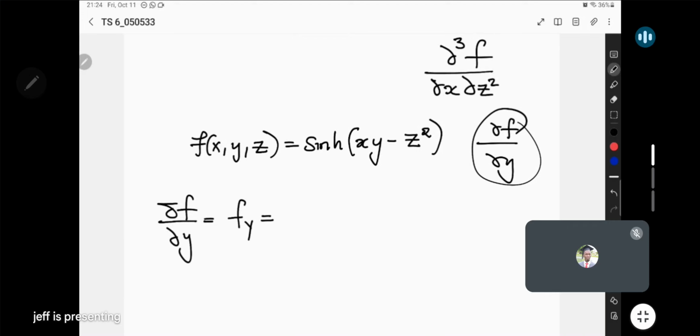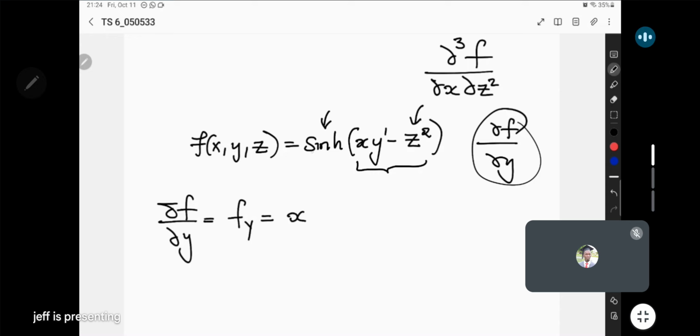Based on that, since y is the only variable here, x and z are constants, it means that the derivative of this part here will be 0. Again, I'm starting with differentiating the argument, but the derivative of z will be 0. The derivative of xy, because y is the only variable and it has power 1, the derivative of y will just be 1, so that only x will remain. So when I differentiate the argument, only x remains. Next up, differentiate the trig ratio.